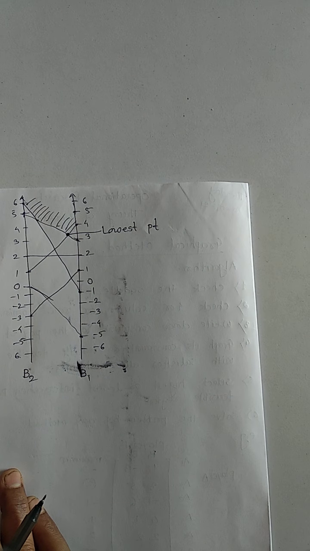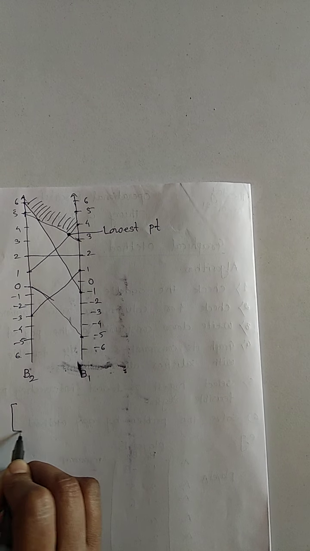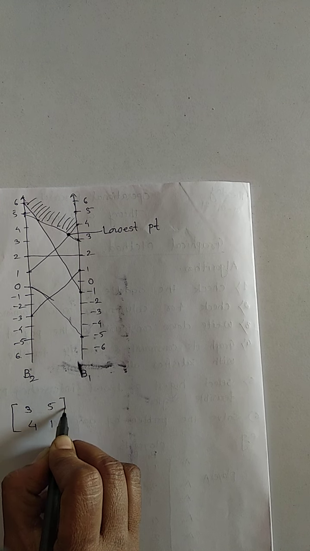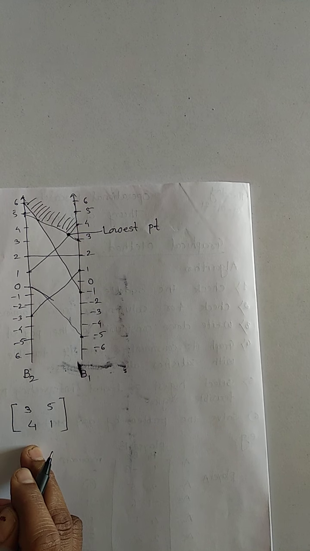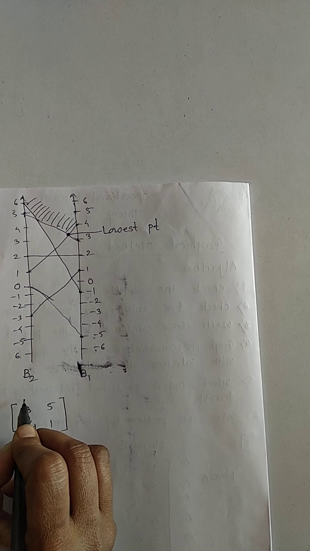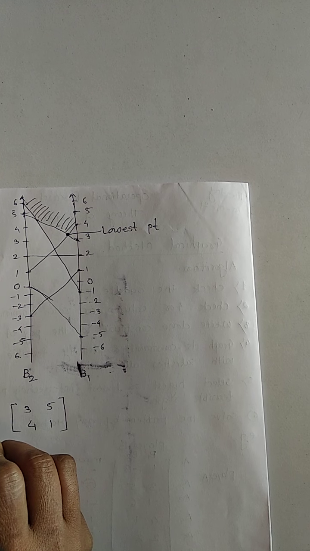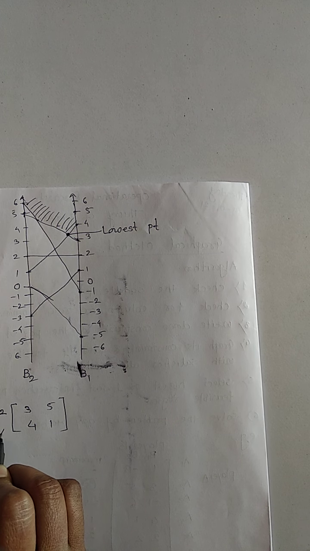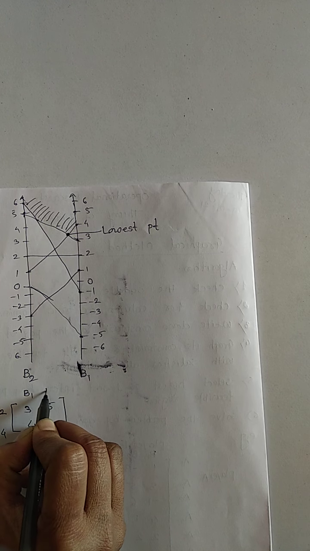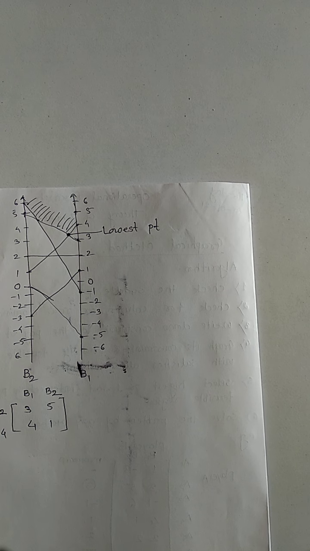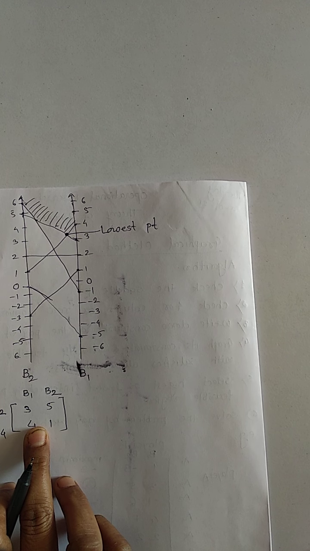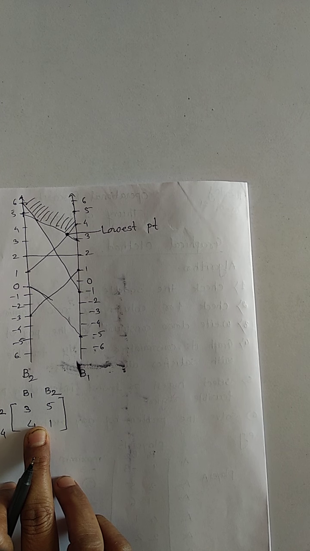Then the given matrix becomes 3, 5 and 4, 1, and this point is in rows A2 and A4, columns B1, B2. Means the given payoff matrix becomes 2 by 2.